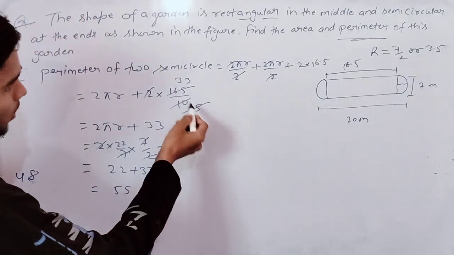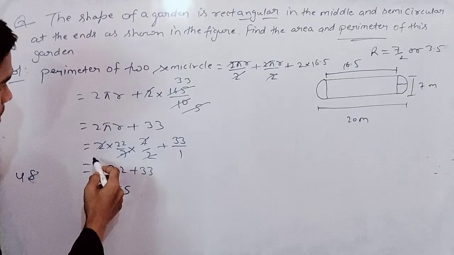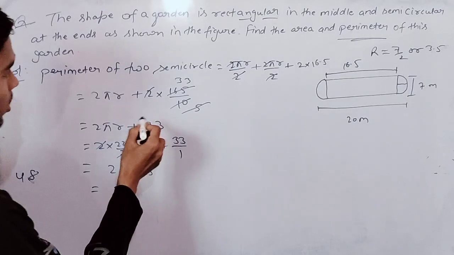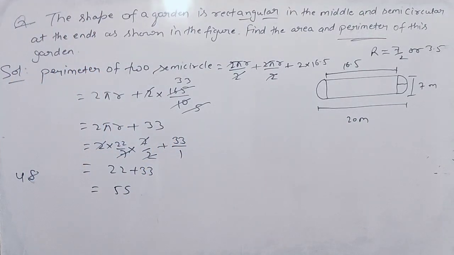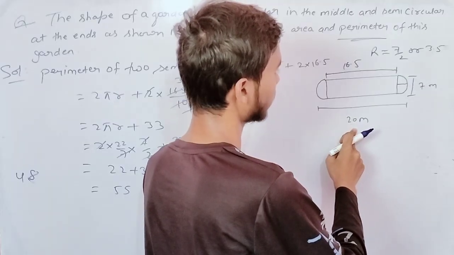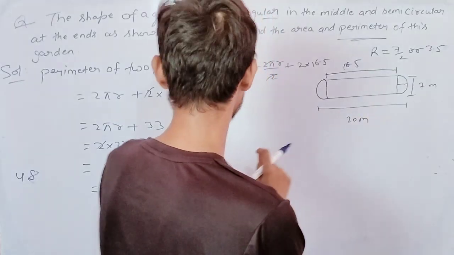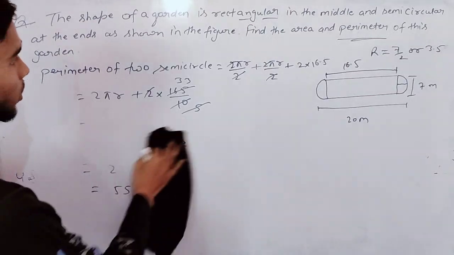Here 5 threes are 15 and 33, 22, 7 ones are 7, 2. 16.5. So here it is how much? 20. So of course I did wrong. Hold on. I did wrong here.